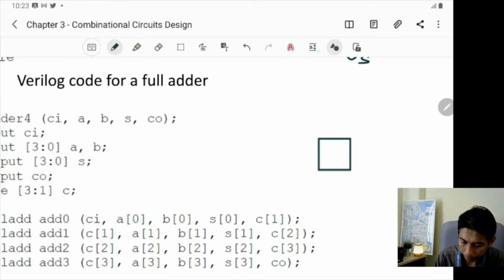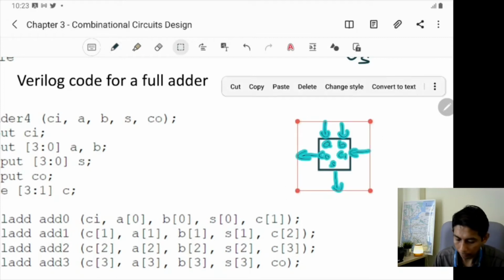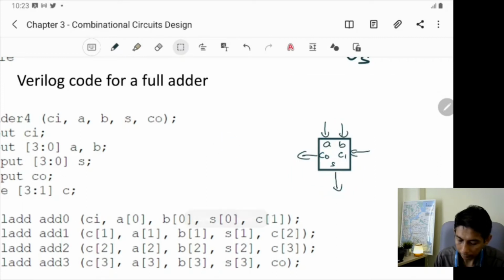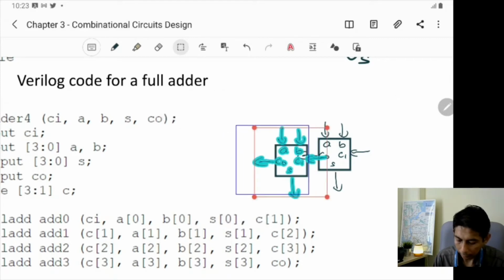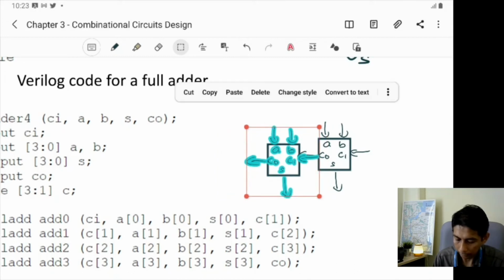So we have A, B, C out, S, C in, like this, like this, like this. And we want to create a 4-bit adder. So I just have this one and just connect to this.